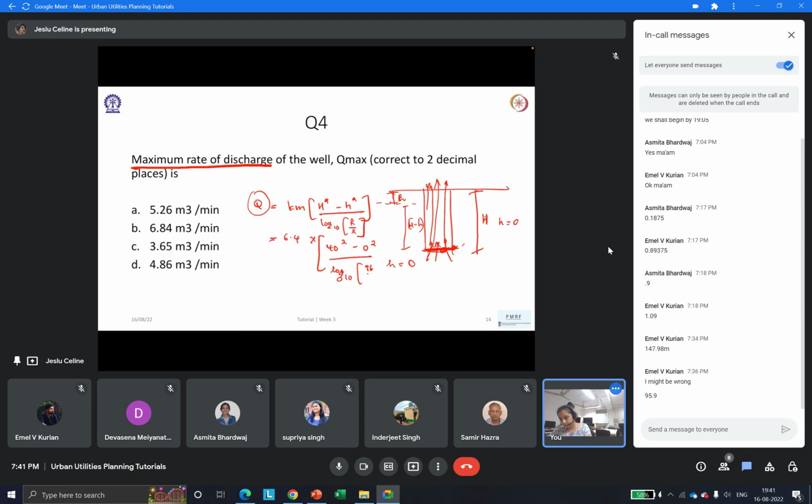96 divided by, we already, so this r is basically the radius of this well, right? Because this is what we are talking about. And we already found that the radius of our well is 0.15 meters. So here we'll put 0.15 because here we are talking about that particular well only.